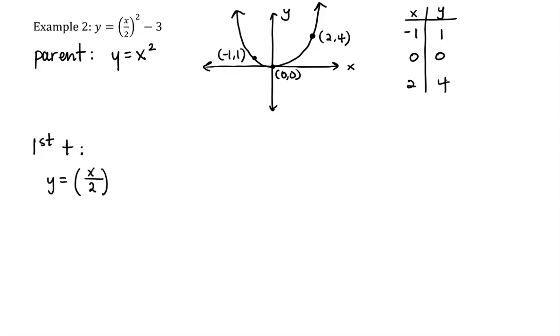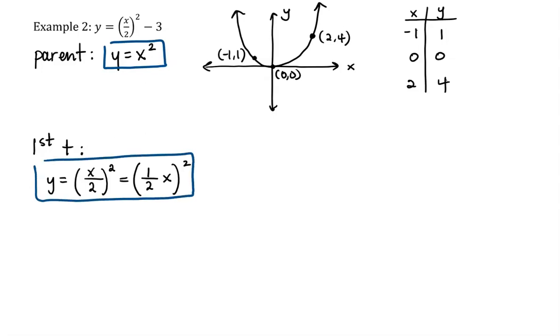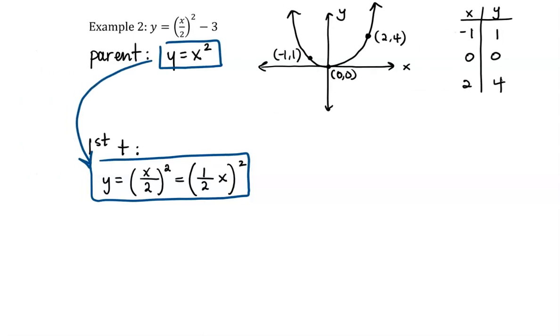This x divided by 2 squared, which I hope we realize is the same thing as 1/2 times x squared. I wrote it like that to help us figure out what transformation it is. We're asking ourselves, how did we get from this equation to this equation? What happened is that we replaced x with 1/2 x.